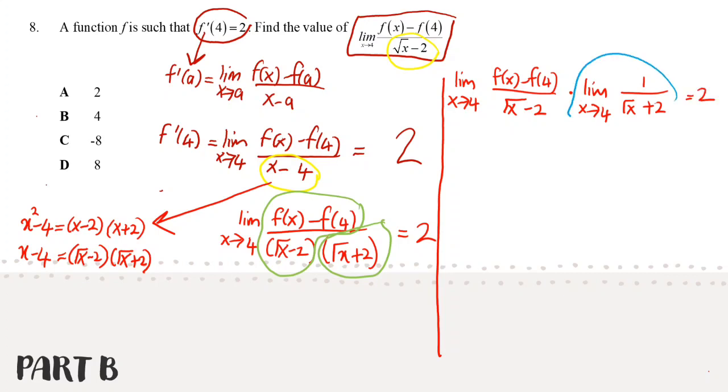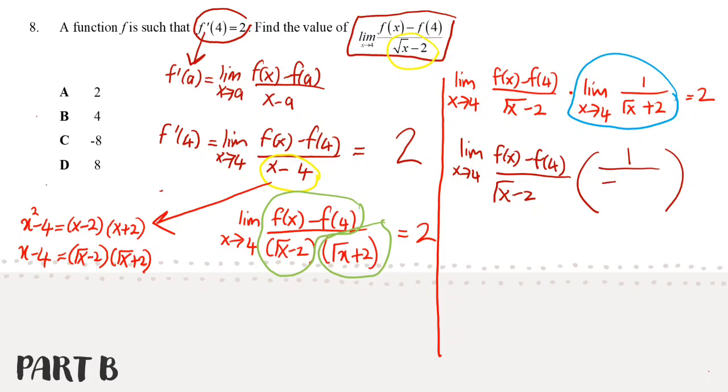For this expression, it should be no problem. You may substitute the limit. So we substitute the limit. This one you substitute, you get 1 over the square root of 4 plus 2. So this one you just insert into calculator, you get 1 over 4.